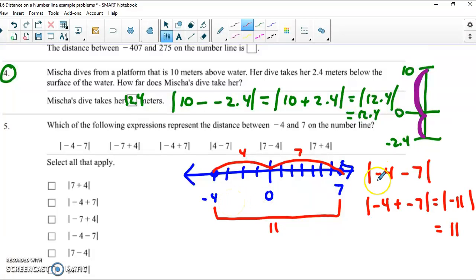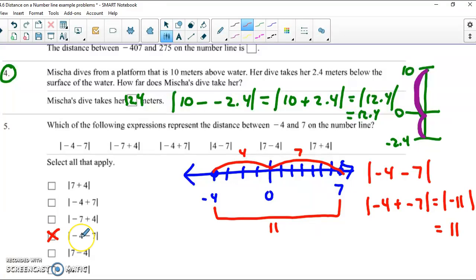So this is one way of writing this. Let's see, here it is. All right, it took me a second to find it.